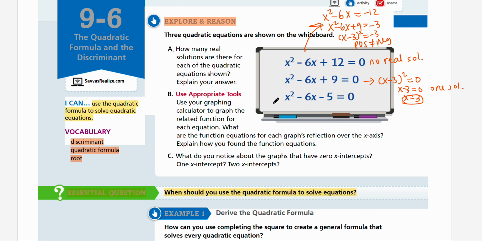And then in this case, let's see, x squared minus 6x is equal to 5. And then add 9 on both sides, complete the square. X minus 3 squared is equal to 14. And then we have x minus 3 is equal to plus or minus root 14, and then x is equal to 3 plus or minus root 14.